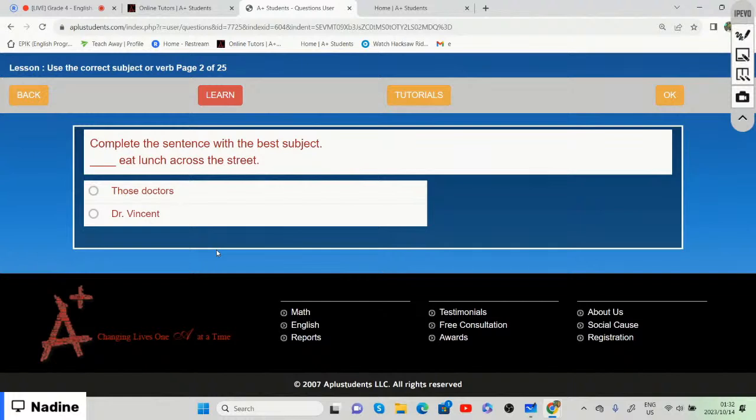So those doctors eat lunch across the street or Dr. Benson eat lunch across the street?